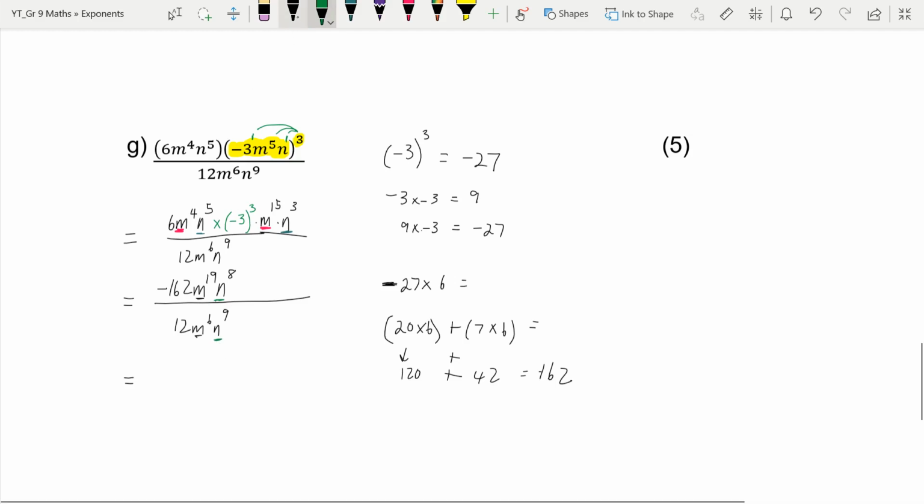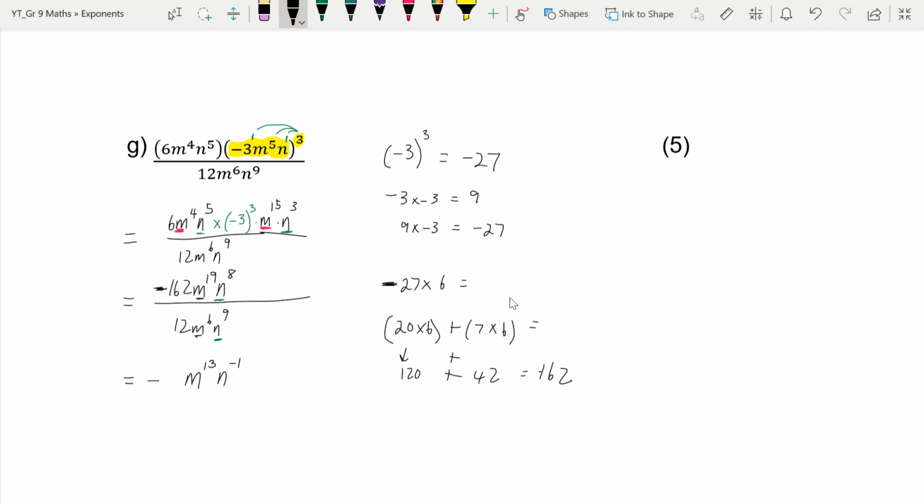Okay, so however you decide to do this, I am going to say my m, it will be 19 subtract 6. That will be m to the power of 13. And then it will be n to the power of negative 1 because it will be 8 minus 9, which will be minus 1. And then negative divided by a positive will give us a negative number.